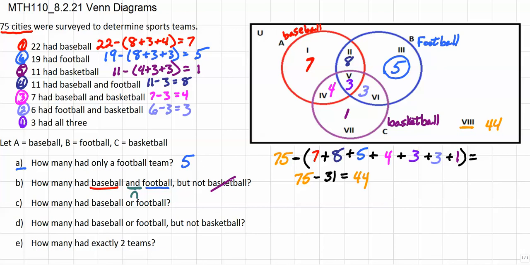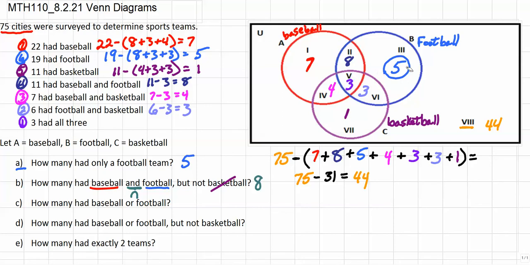So where do baseball and football intersect? And that would be right in here. But like I said, we can't have basketball, so we will ignore this piece right here. That means that there would be 8 cities that had baseball and football but not basketball.